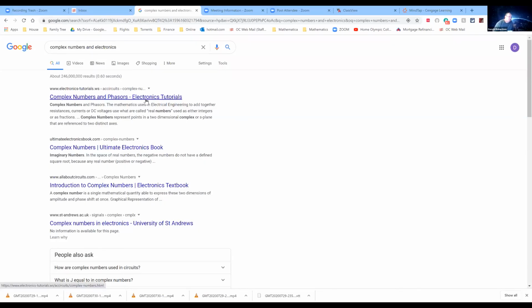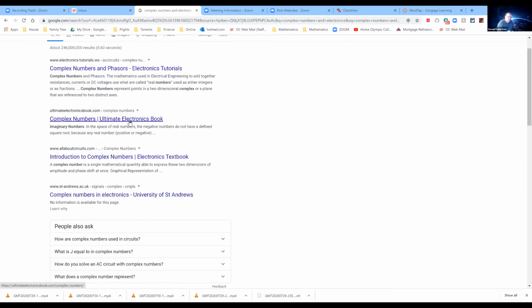Complex numbers are used in phasors, and I don't think they mean Star Trek phasers. I think that's actually a term in electronics. If you get the Ultimate Electronics book, evidently there are complex numbers in it. Introduction to complex numbers in electronics. Evidently there's a course at the University of St Andrews, which is in Scotland, which deals with complex numbers in electronics.